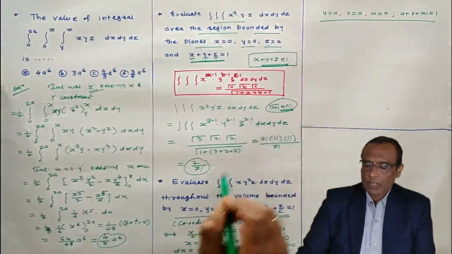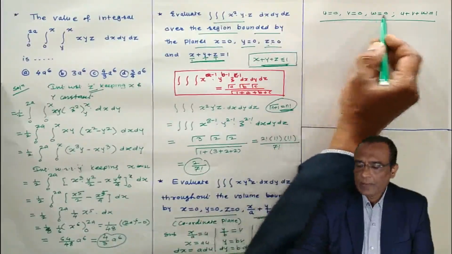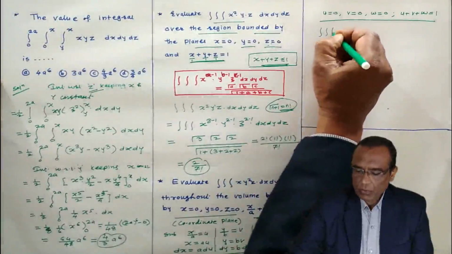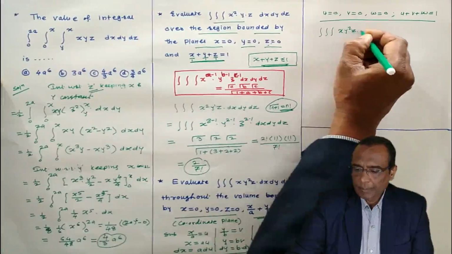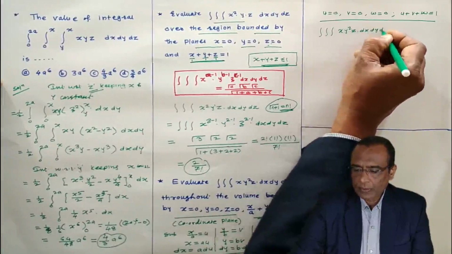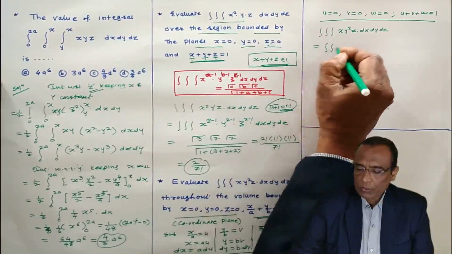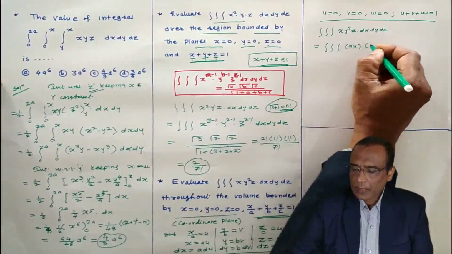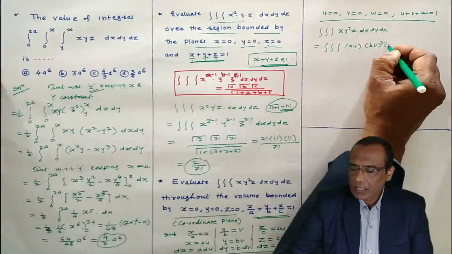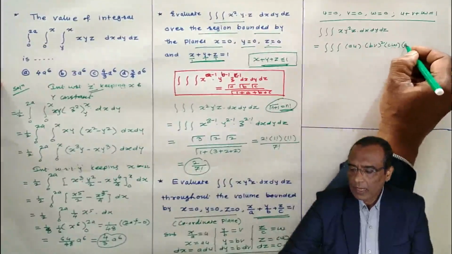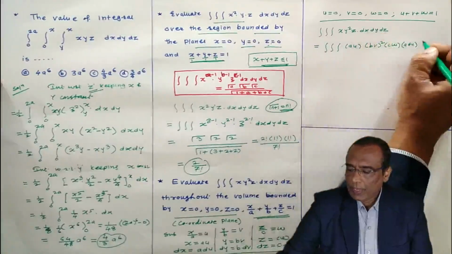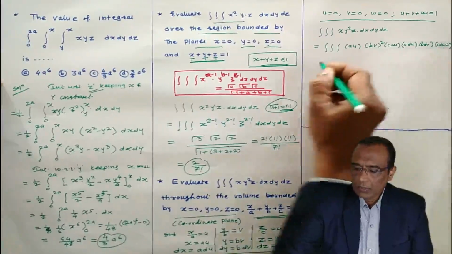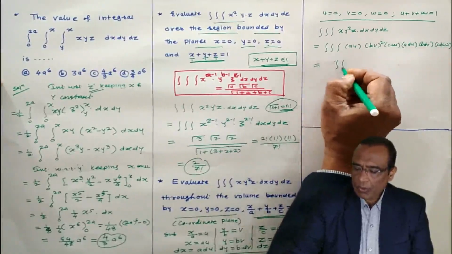The region is bounded by these three coordinate planes and this plane. Now, this triple integration value I want: x y square z dx dy dz over the volume. So x is au, y is bv and z is cw, dx is a du, dy is b dv and dz is c dw. Now a, b, c are constants, you may take all constants outside.